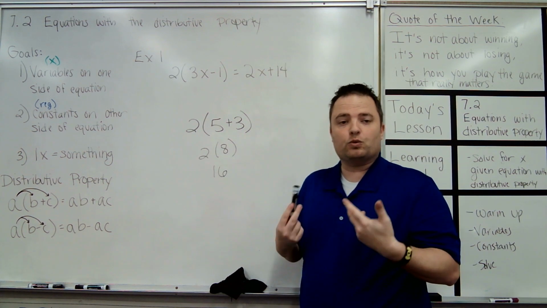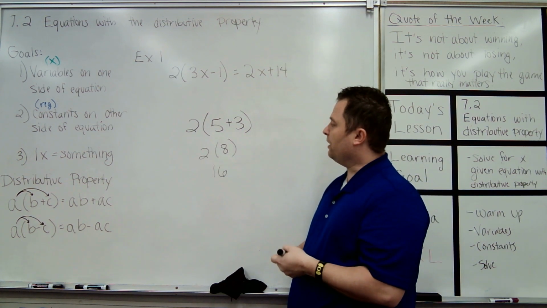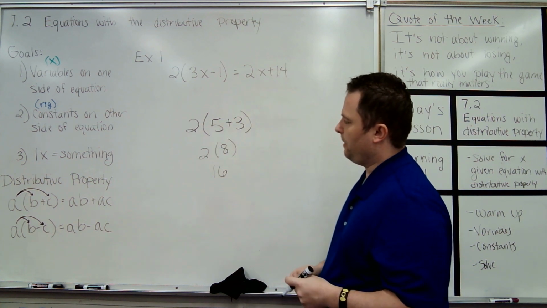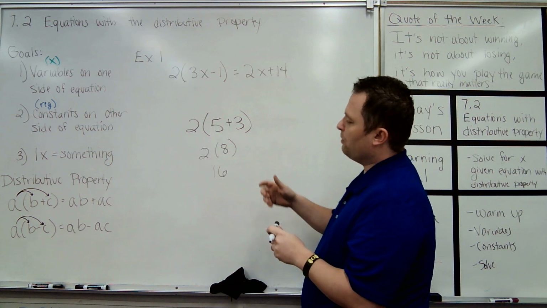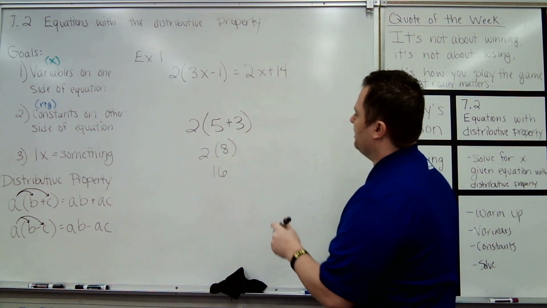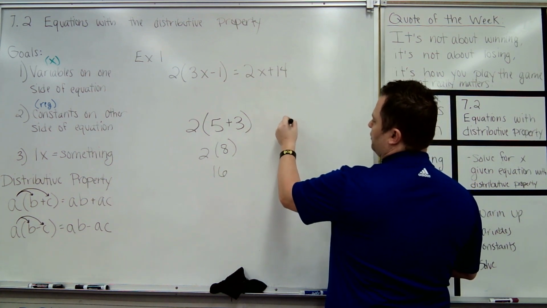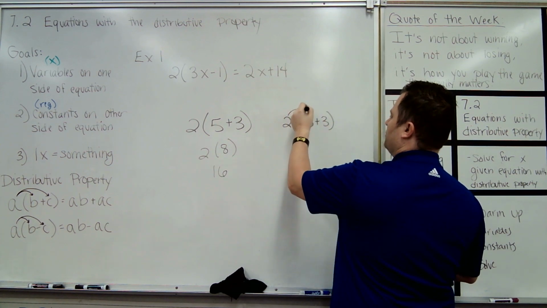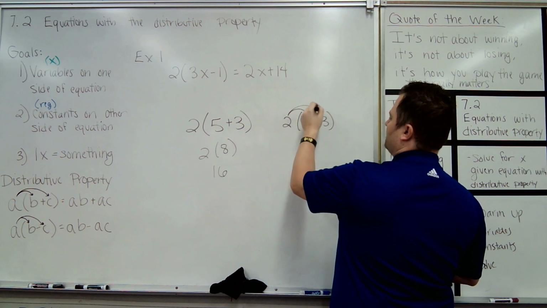Now, I really want to stress that the distributive property doesn't solve math for us. It only allows us to rewrite it. So, for example, if I wanted to know what 2 times 5 plus 3 is equal to, it's equal to 16. If I use the distributive property instead, I would take the 2 and rewrite it as 2 times 5 plus 2 times 3.